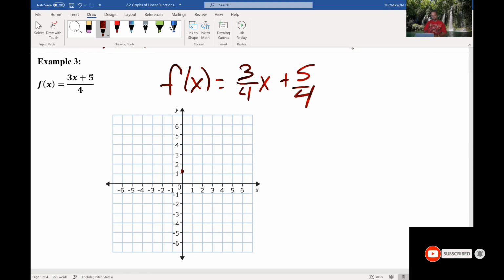So we're going to go up 3 over 4, that's our slope. Up 3 over 4, and here's our line. We're done.